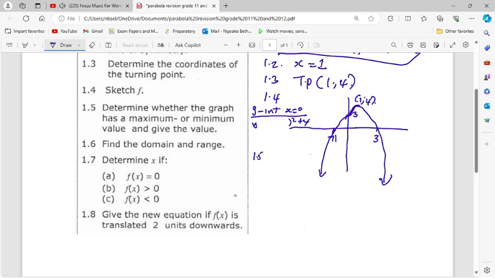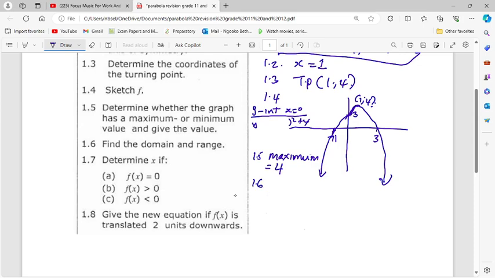Now our graph will have, of course, a maximum. And the value of the maximum is the y value at the turning point here, that will be 4.